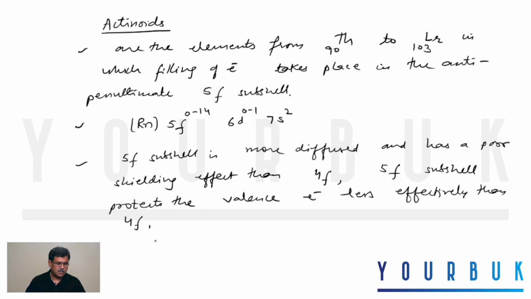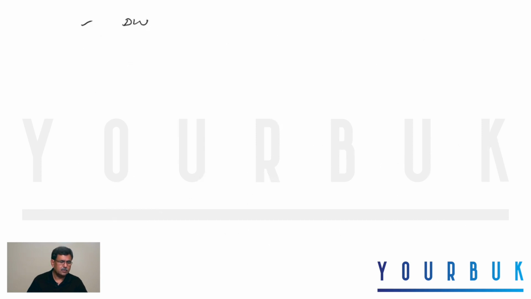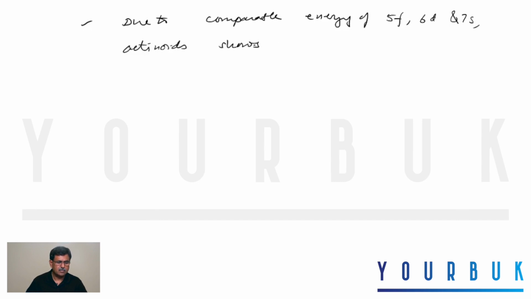As a result, 5f, 6d and 7s have comparable energy, and due to the comparable energy of 5f, 6d and 7s, actinoids show variable oxidation states.